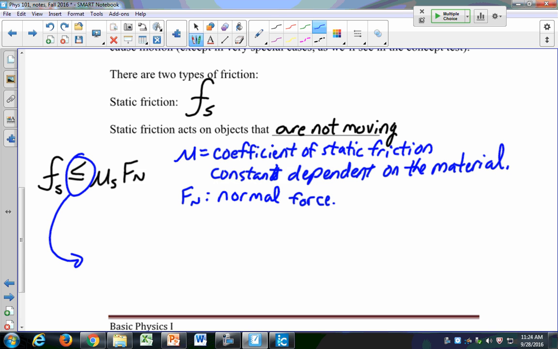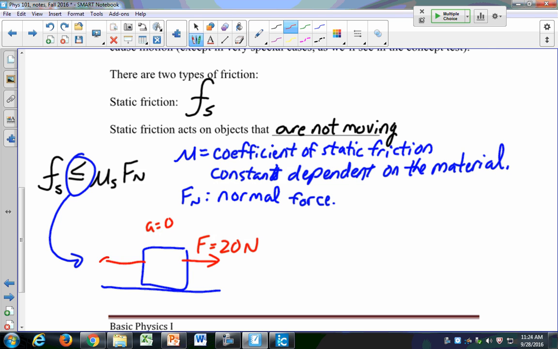This inequality occurs because imagine that you have a block or some heavy piece of furniture, and you push on it with a force equal to 20 newtons. And it doesn't move. The acceleration is equal to 0, so you know that the static frictional force must be equal to what value?